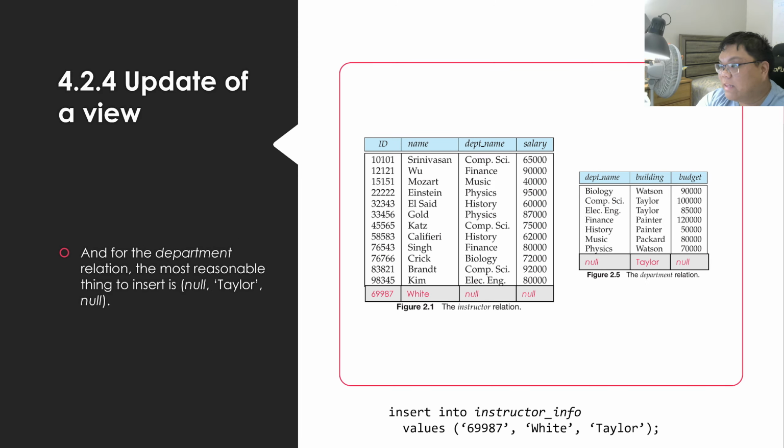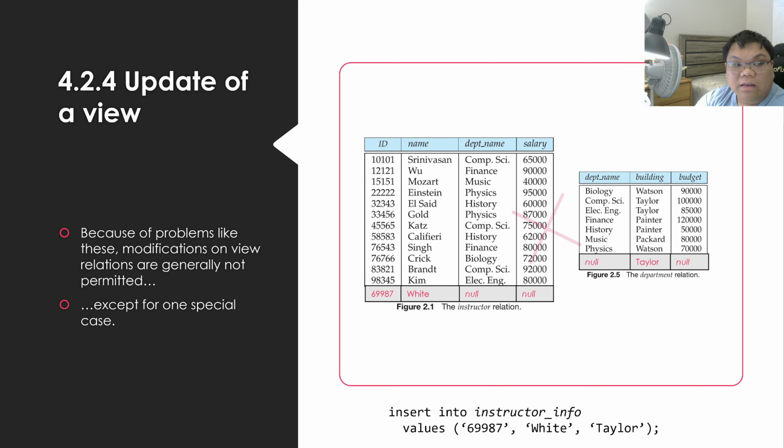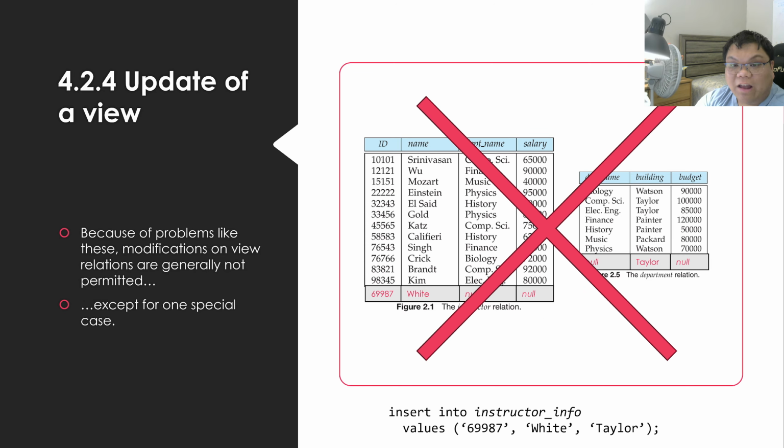And the most reasonable thing to insert into the department relation is null, Taylor, null. Again, this is all because we have no idea what department White is in. And because of all these complications, we're not allowed to do this at all. So, modifications on view relations are generally not permitted, except for one special case.